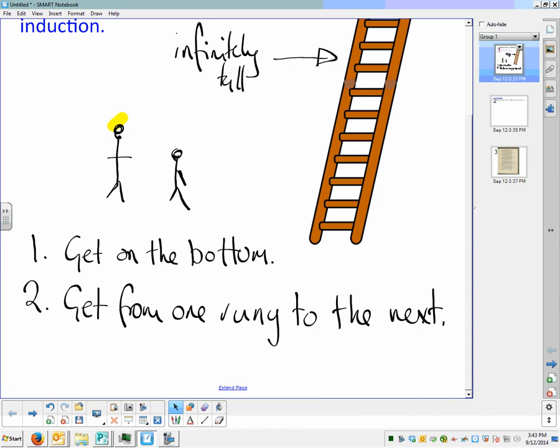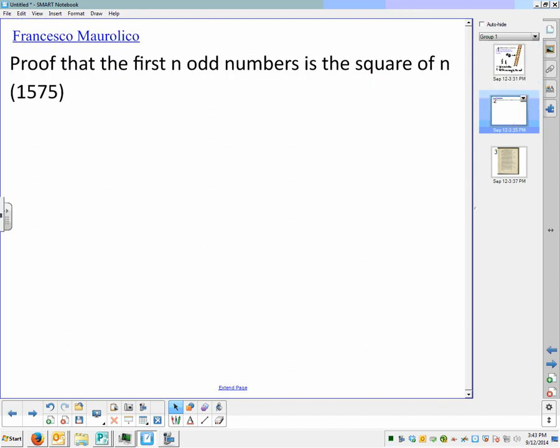So, I'm going to be a little bit more explicit. I'm going to give you an example, and hopefully this will make things clearer. I'm going to prove that if you add up the odd numbers, you get a square number. Before I even try to prove that, I'm going to write it down in symbols.